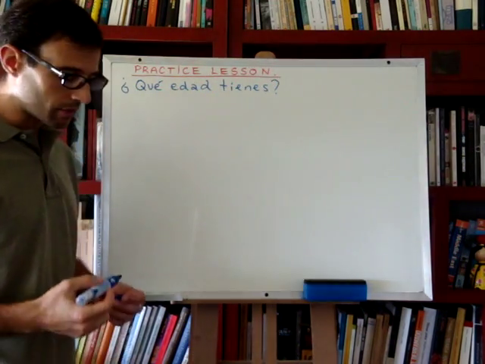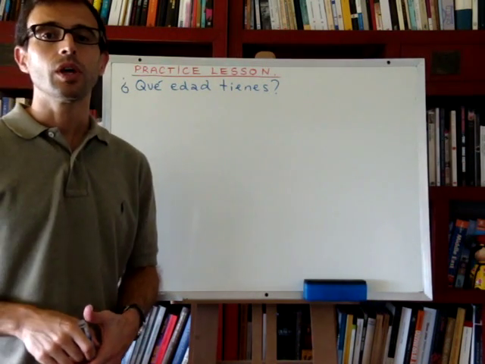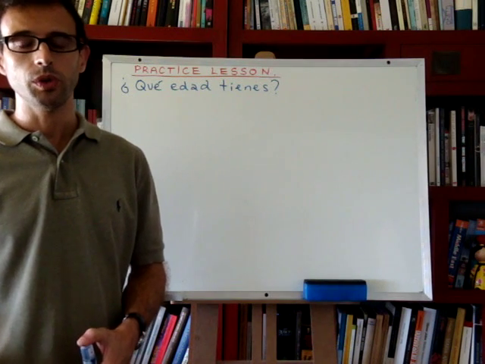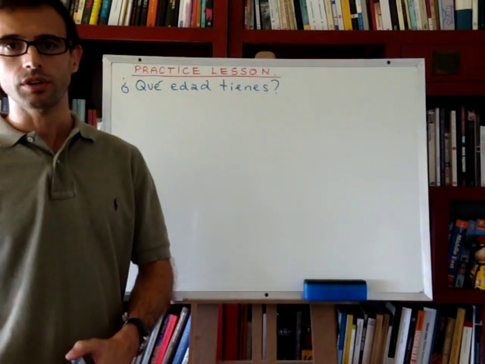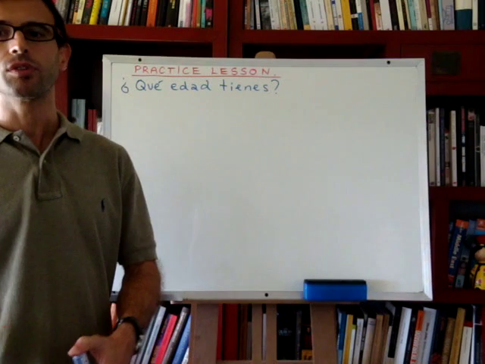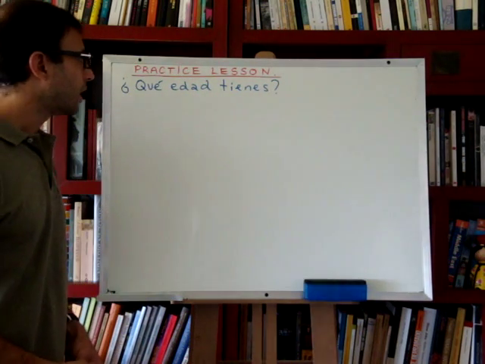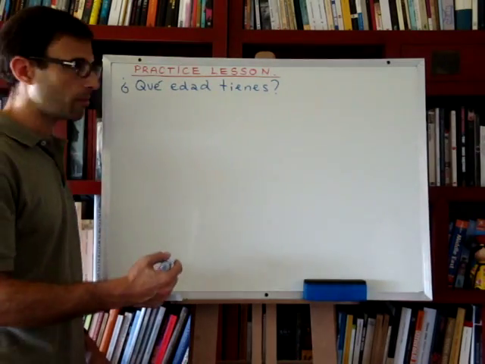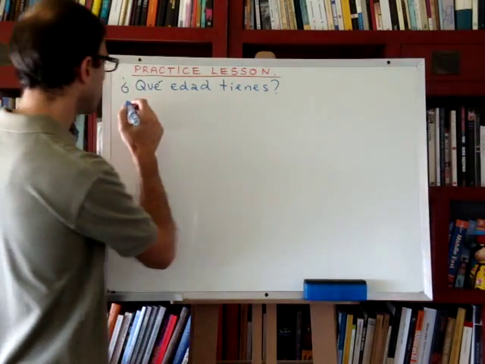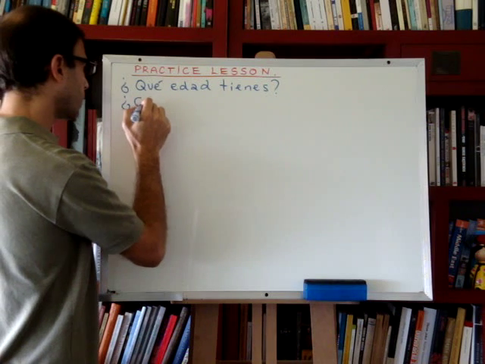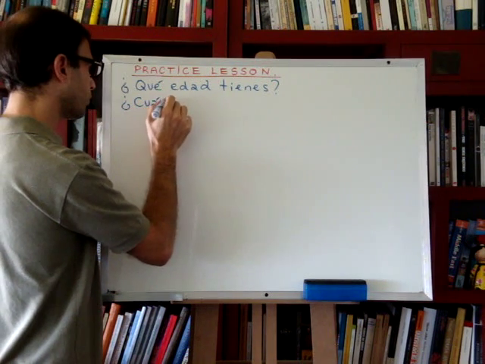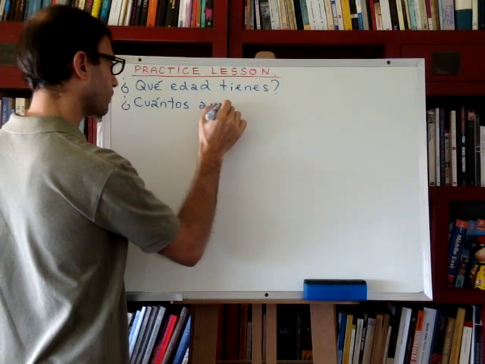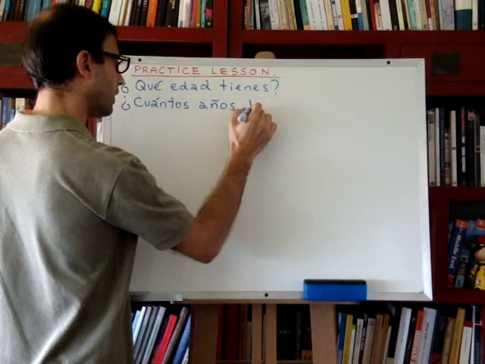What age you have. Remember, in Spanish, we have age and we have years. We do not say we are so many years. We say we have so many years, okay? Another way and more informal way of asking the same question would be, ¿cuántos años tienes?